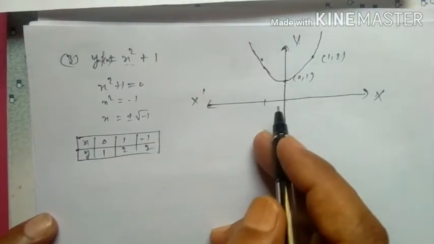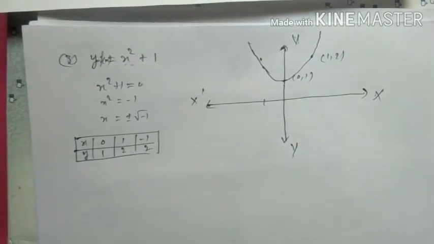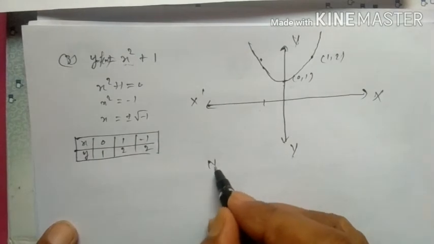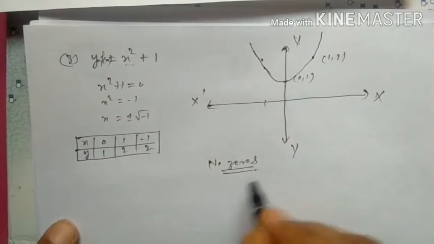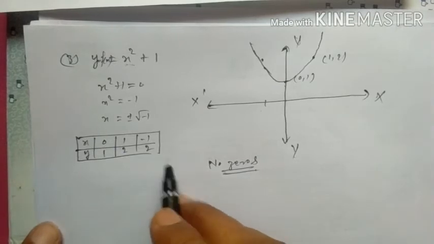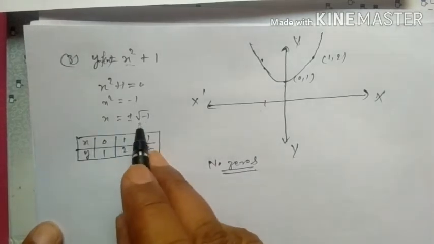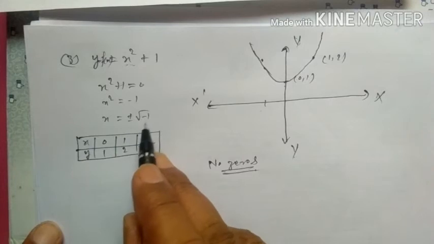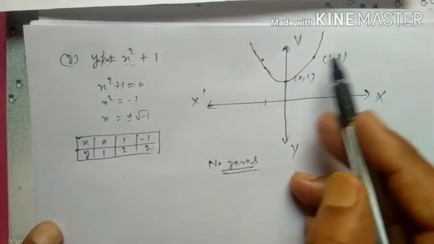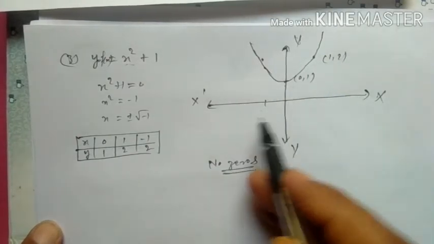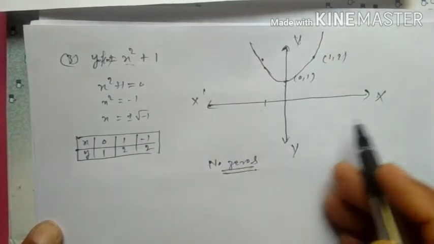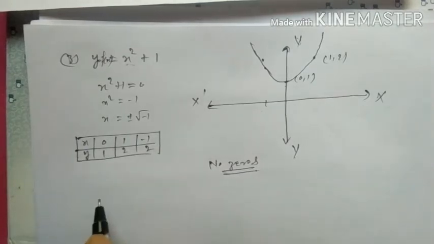You can see that there are no zeros, but the roots are plus under root minus 1 and minus under root minus 1. There are two roots, and the roots are imaginary, so it doesn't cut the x-axis.